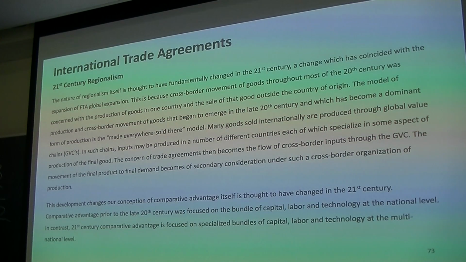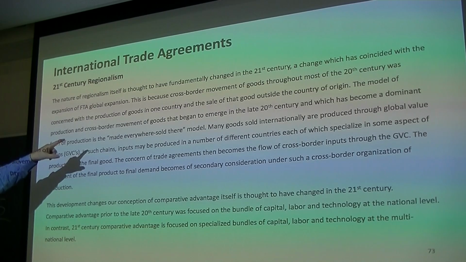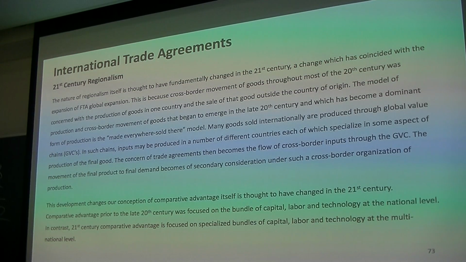Trade was dominated, or production was dominated, by the production of goods in one country and the sale of that good outside of the country of origin. So one country would make a good, and then they would trade that good with another country. That was a very common way that production took place.